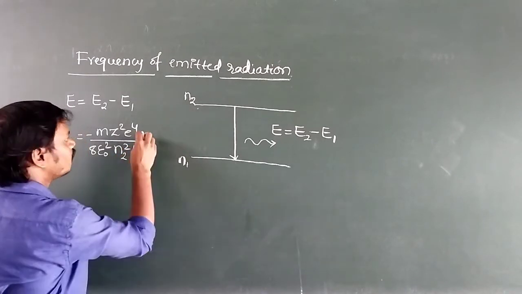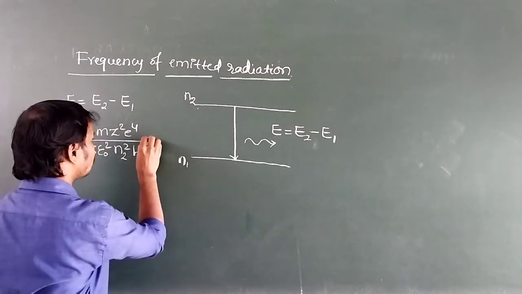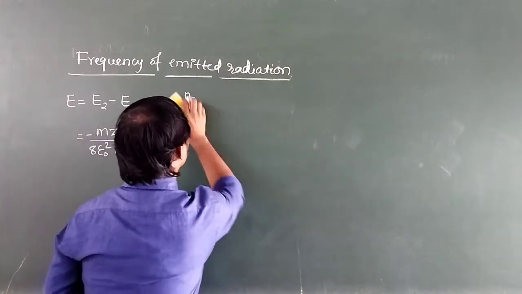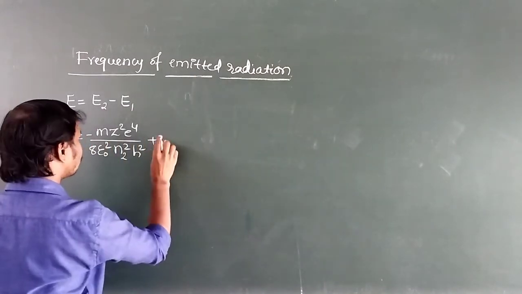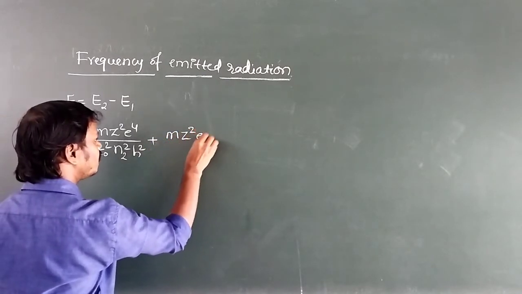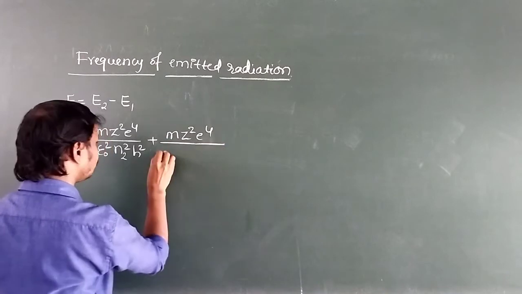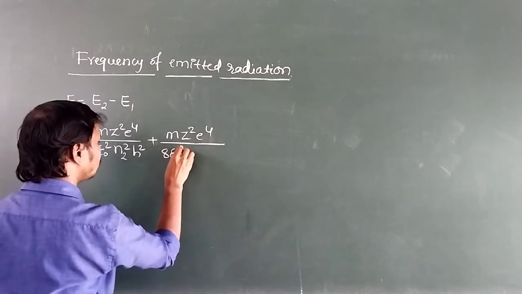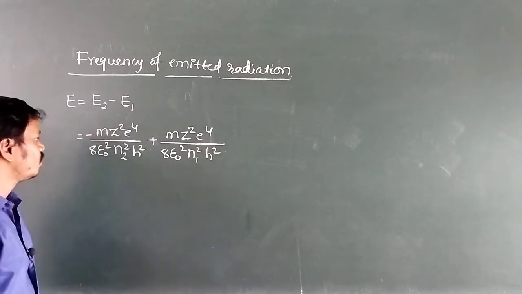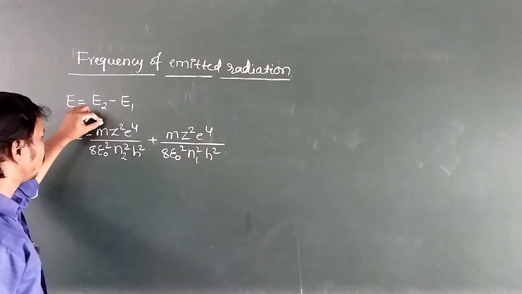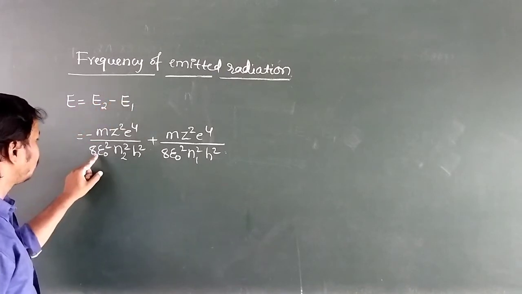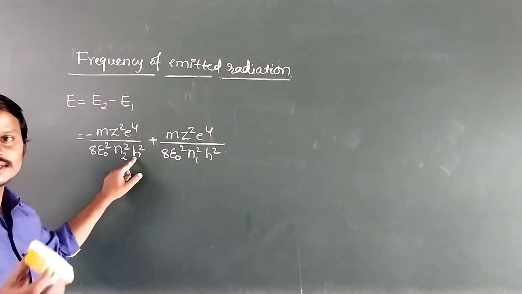Then next minus of minus, that is plus m z square e to the power of 4 divided by 8 epsilon naught square n1 square into h square. Okay, so let us take m z square e to the power of 4 divided by 8 epsilon naught square into h square as common.